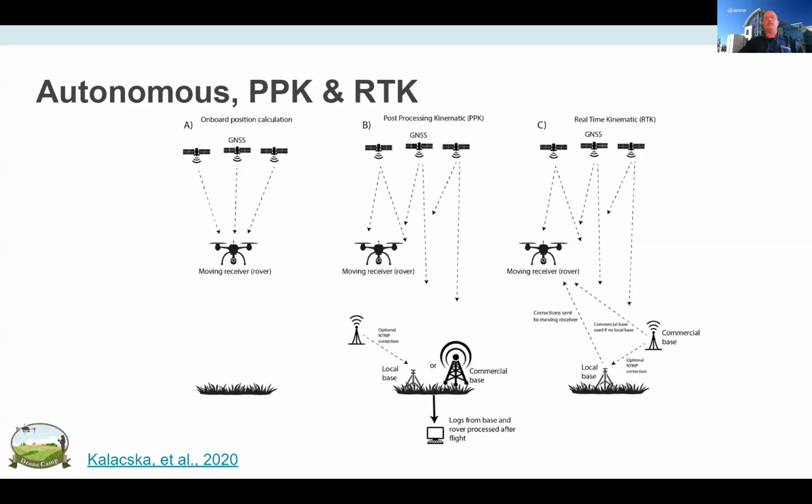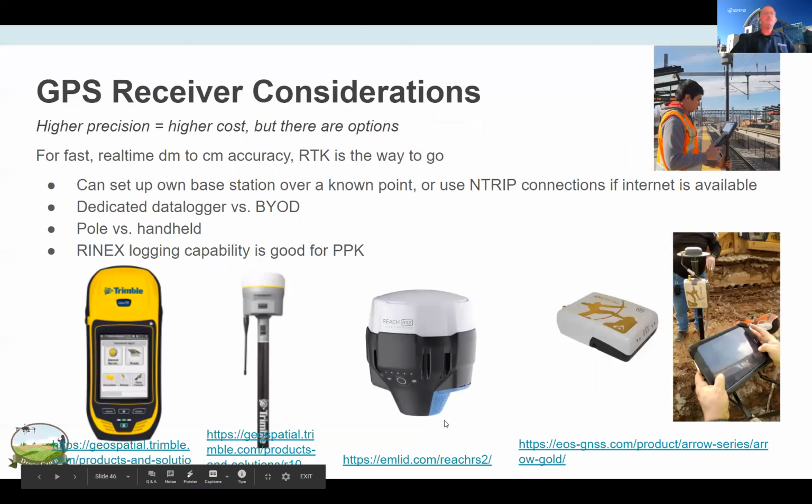Real-time kinematic is kind of the same idea, but those corrections are actually transmitted to the rover in real time, so that the position solutions it gets as it's flying and taking pictures and tagging them are the corrected positions. So really the difference between PPK and RTK is the real-time versus the post-process aspect of it.